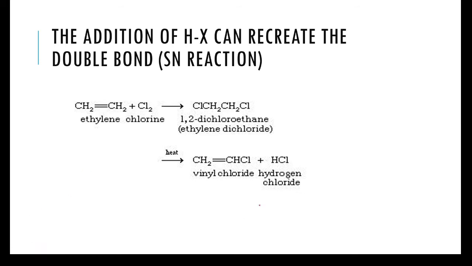So let's say we take our ethylene and we add chlorine and we make dichloroethane, like we have here. If we heat it, we can actually make a double bond reappear and turn our product into a vinyl chloride.